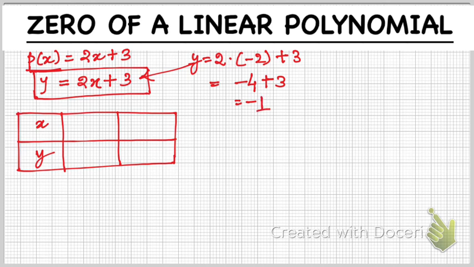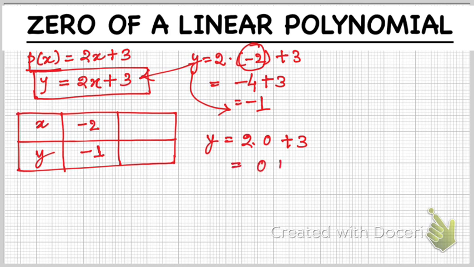So here the value of x that we have put is -2 and the value of y that we got is -1. Similarly, we will take some more points, considering the value of x as 0. So y will be equal to 2 into 0 plus 3.